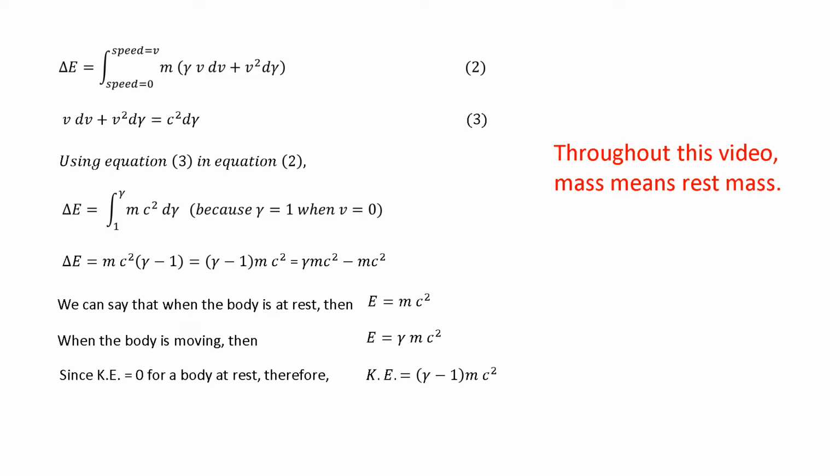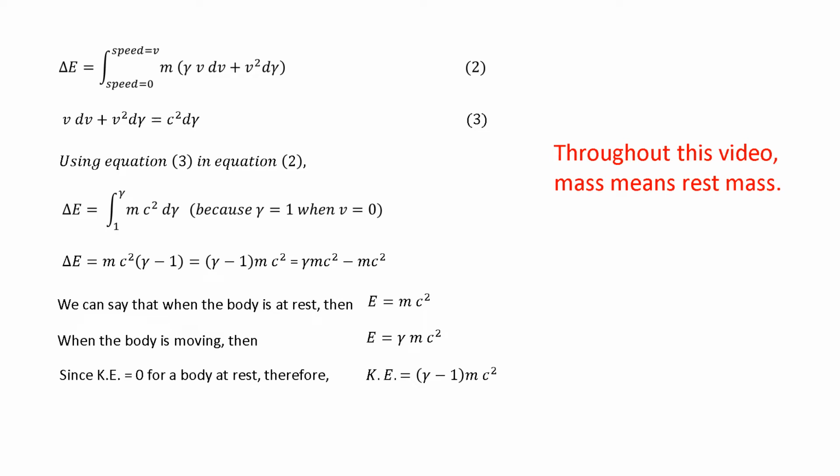We know that delta E is change in energy of the body when it moves from rest to speed v. So we can say that when the body is at rest, then its energy is mc square, and when the body is moving, then its energy is gamma mc square.